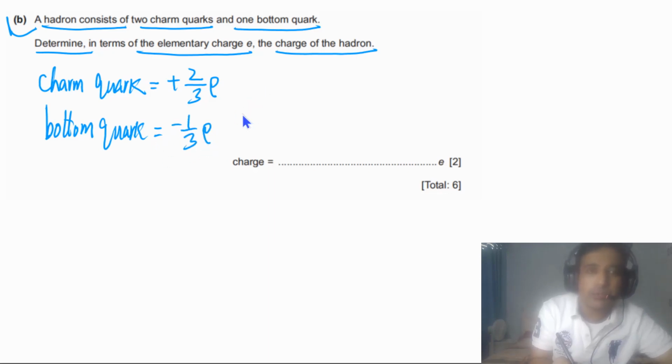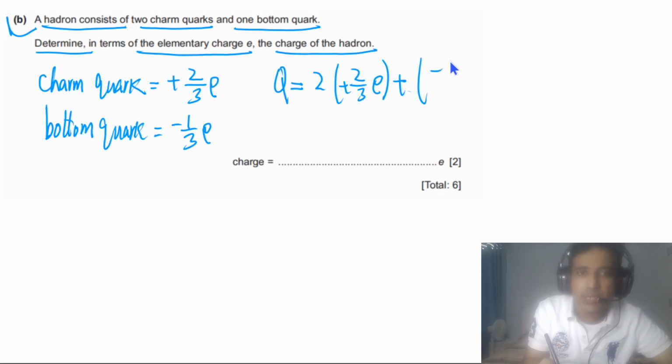Now we need to determine the charge on the hadron. The total charge Q on the hadron has to be equal to 2 times the charge on one charm quark plus charge on one bottom quark. Now if we multiply, we will get 4 by 3e minus 1 over 3e, and if we solve this, we will get plus 1e.